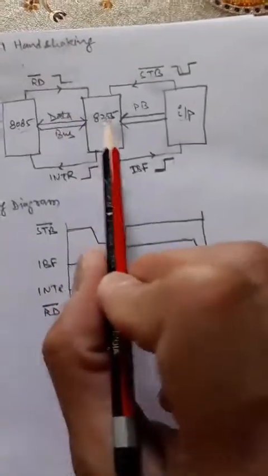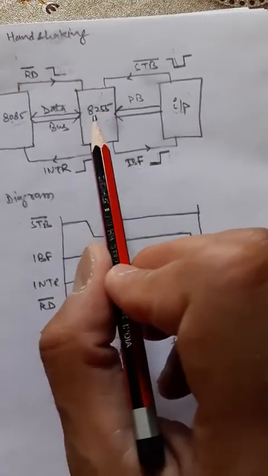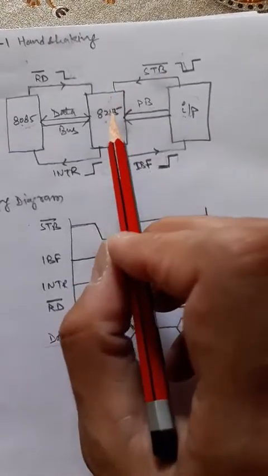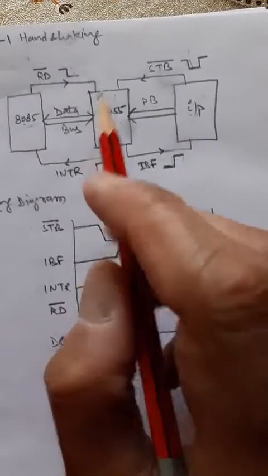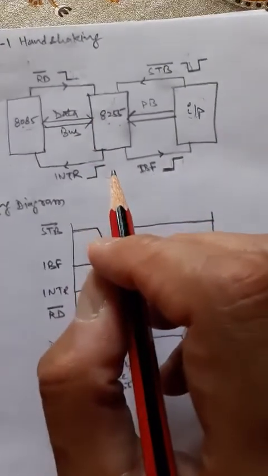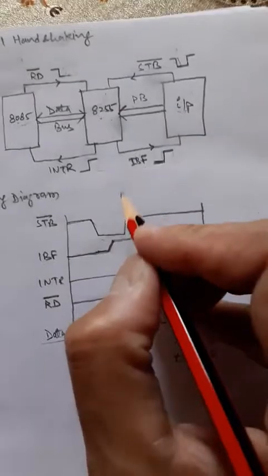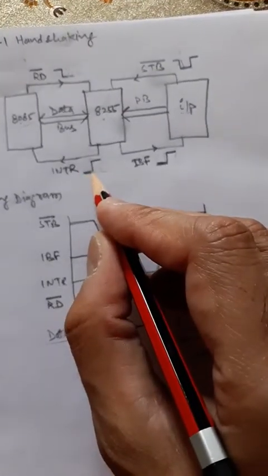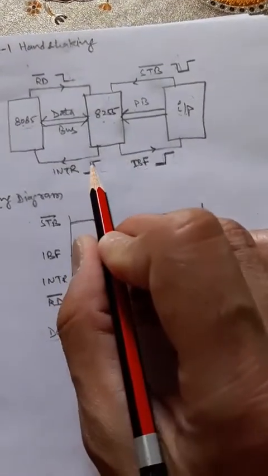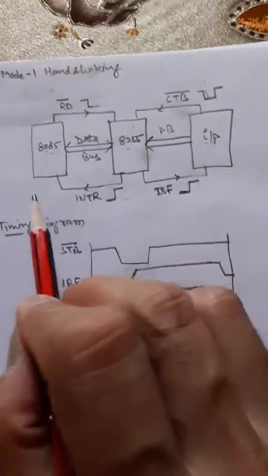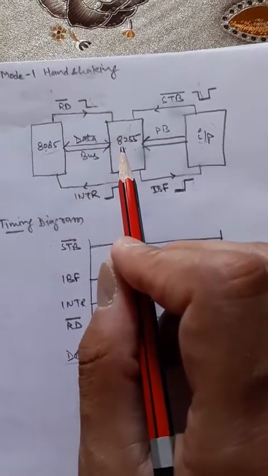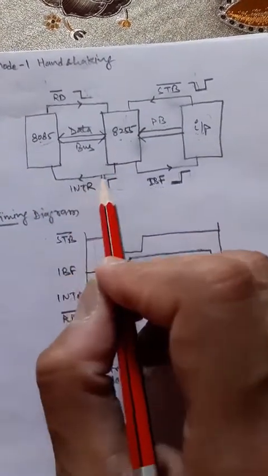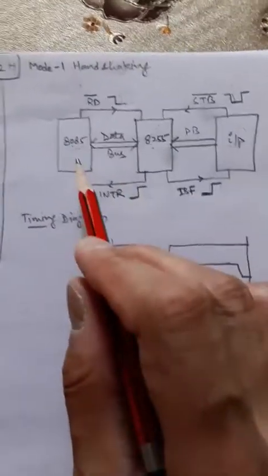Now 8255 has the data from the input device, and it is the job of 8255 to send this data to 8085. For that purpose it will make INTR high. INTR means interrupt request. Once this signal is high, it is informing the microprocessor that 8255 has some data and wants to transfer it to 8085.